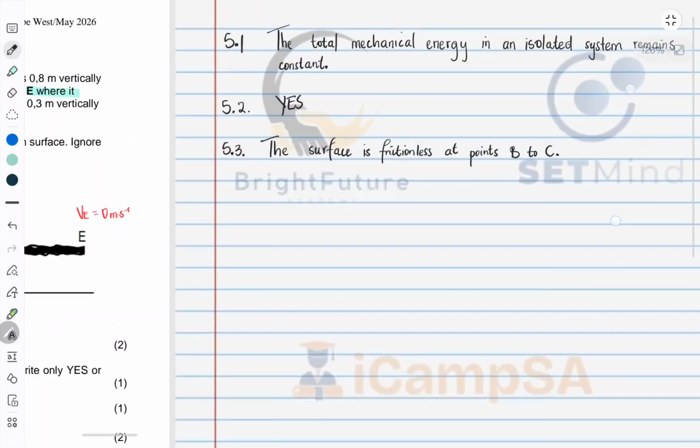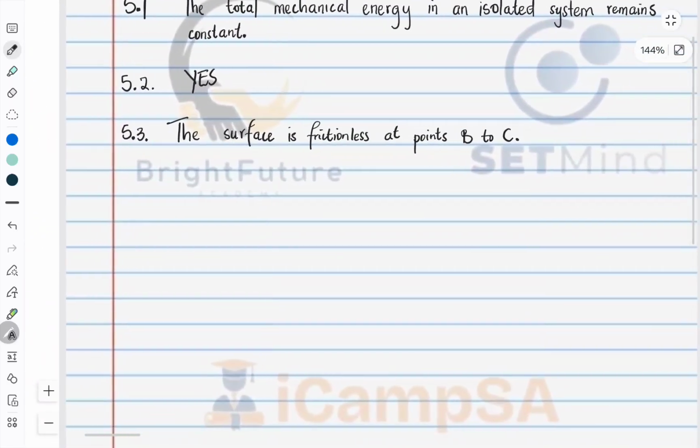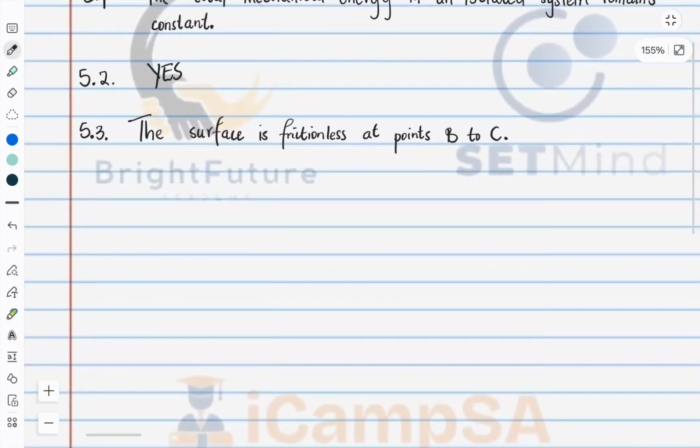If you want, you can continue and say, which is basically everything I explained, the surface is frictionless at points B to C. And then since these two points are at the same height, their gravitational potential energies will be equal, which is 0 in that case. Then, therefore, their kinetic energies would also be equal as a result.